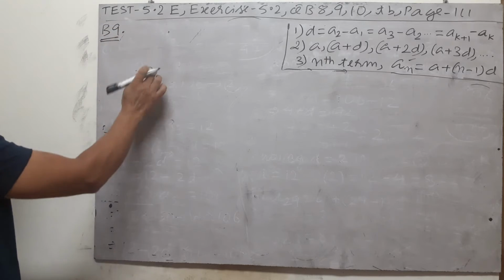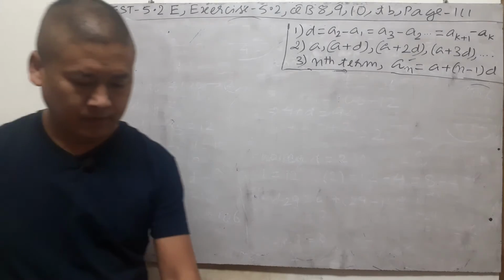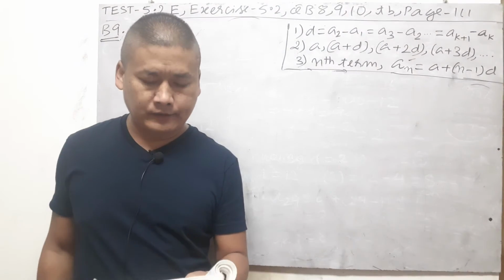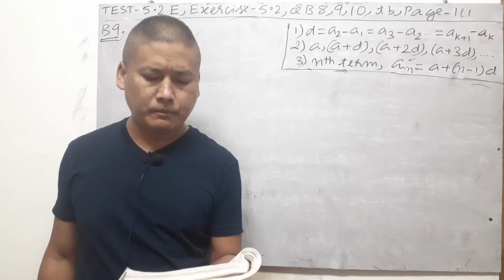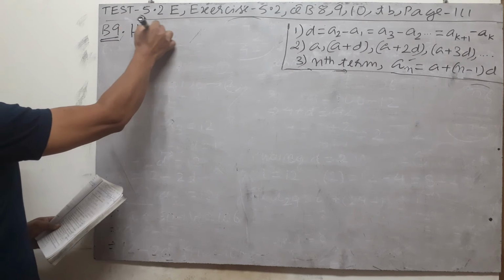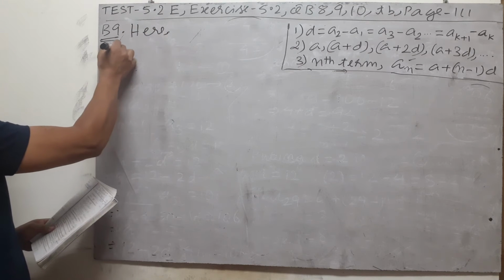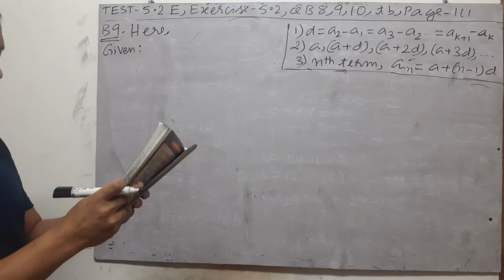Let us go to B9. Let me read the question for us. So here, B9 is, if the third term and the ninth term, listen carefully, the 3rd and 9th terms of an AP are 4 and minus 8 respectively. So here, let us start writing. Given to us are the third and the ninth term values.